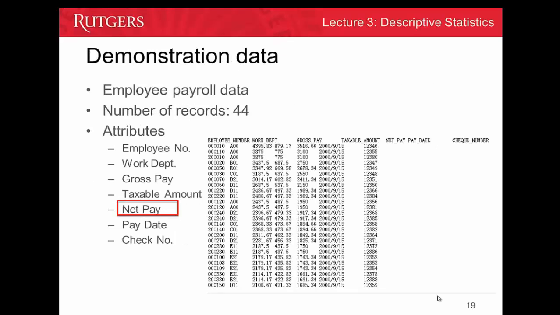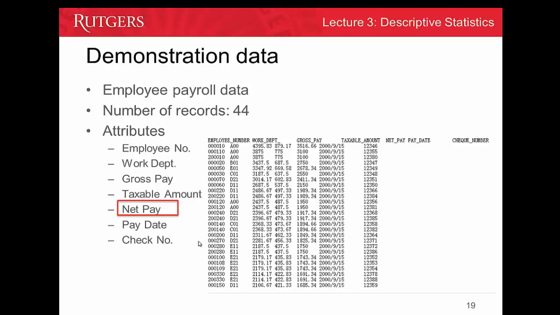The data I'm going to use to demonstrate the descriptive statistics for the quantitative data is the payroll data, which has 44 records and several attributes: the employee number, the work department, the gross pay, taxable amount, net pay, pay dates, and check number.